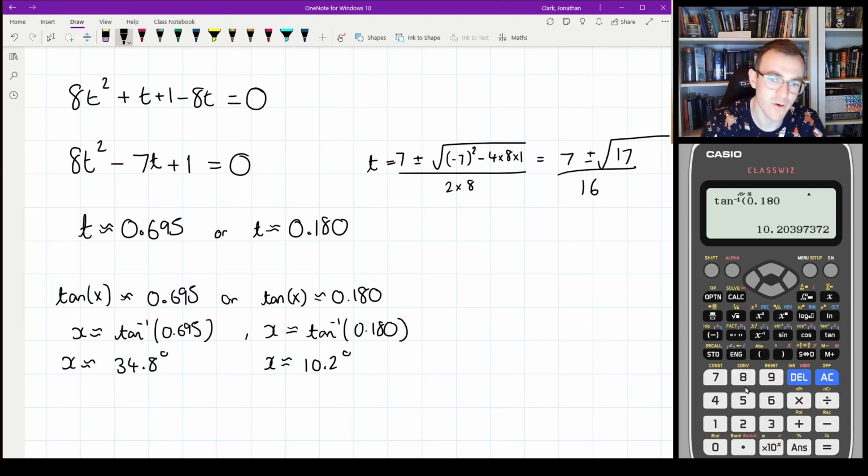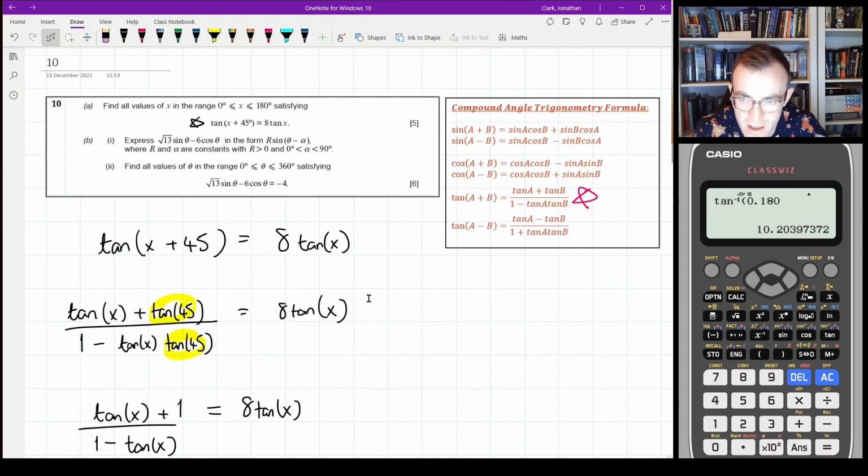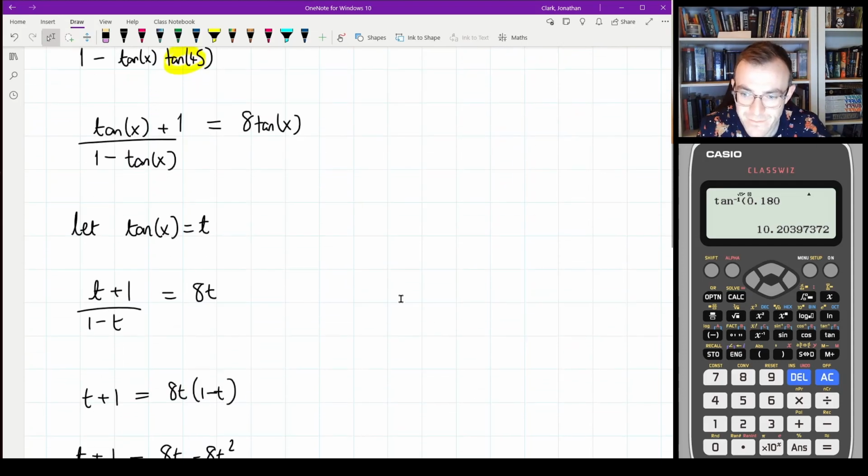The tan graph normally repeats itself every 180 degrees, so there would be another answer, for example, at 190.2 and 214.8. But I think in the question it said from 0 to 180, so I think I've got all the answers I need there.